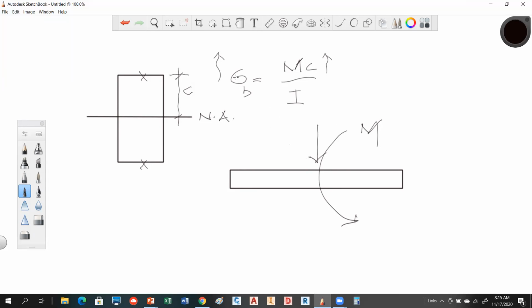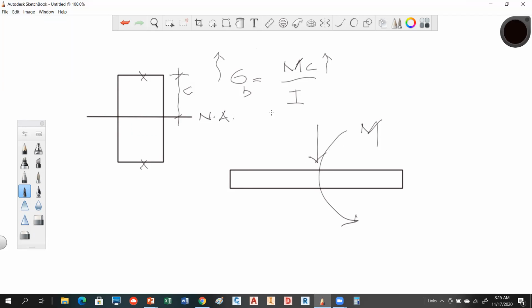So you're going to see allowable bending stresses, so that if you're designing a beam and you've got a certain applied moment on there, and you calculate this number and it exceeds your allowable, that means you would have to change what's going on there.